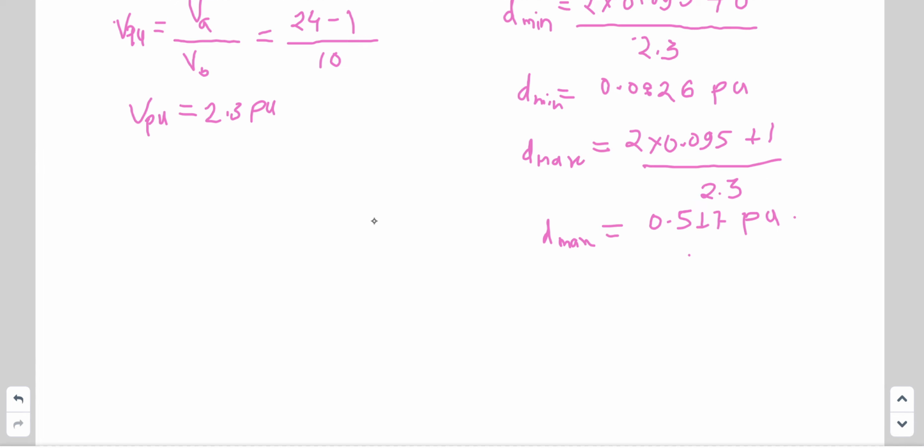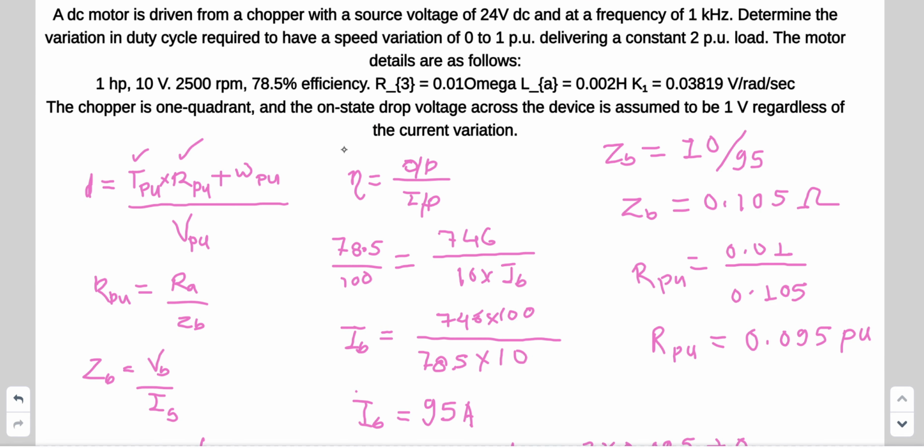So our variation in the duty cycle will be from 0.0826 to 0.517 per unit. So this is our complete answer. Thank you.